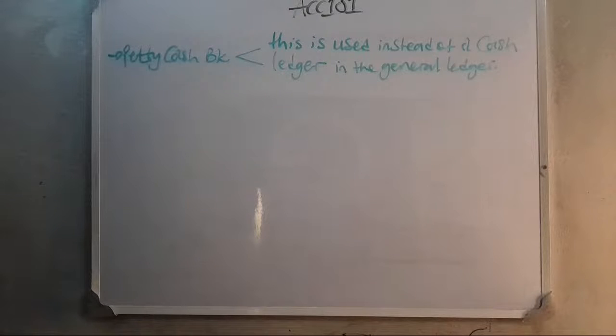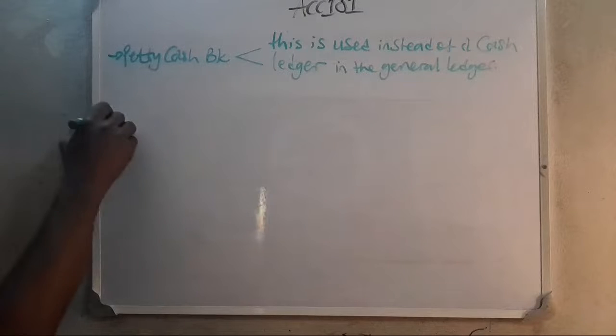Now there's something called the double entry system. In the double entry system in accounting, every transaction has to be recorded and gives rise to two entries.